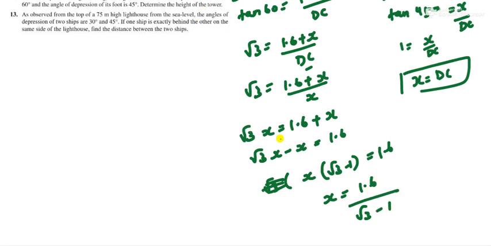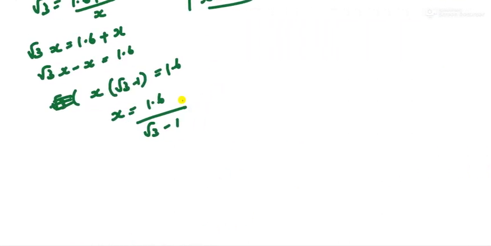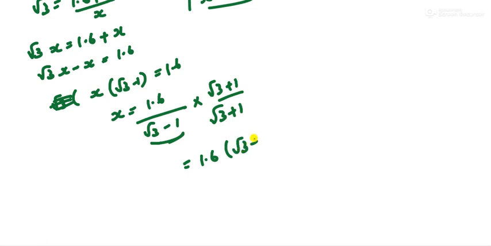But you can't leave this as it is. Why? Because in the denominator again you have this root value. So do the rationalization. Whatever is given here, just the sum of that you have to multiply and divide on both sides. So here you will get 1.6 into root 3 plus 1, and here it is like a minus b into a plus b, correct?